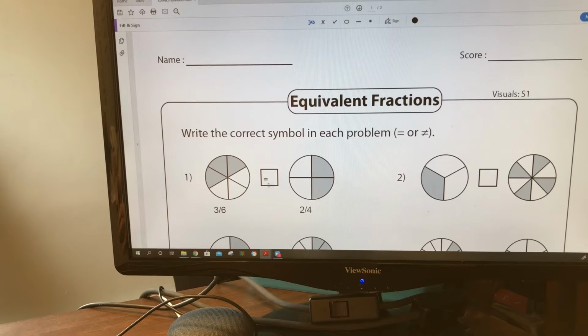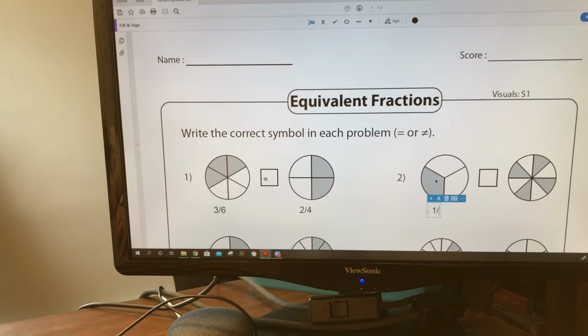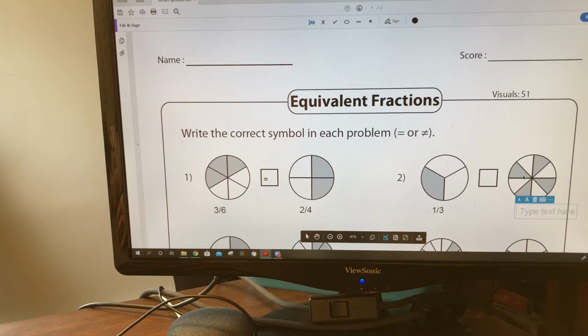But let's just say that it's not so easy and our picture is like this one over here. They don't have them all shaded in the same area, so it's not so quick to see which one is larger. So the first thing that you're going to do is write down the fraction that you see. This fraction here would be 1 out of 3. And the fraction over here, let's see, so we have 1, 2, 3 out of 8.